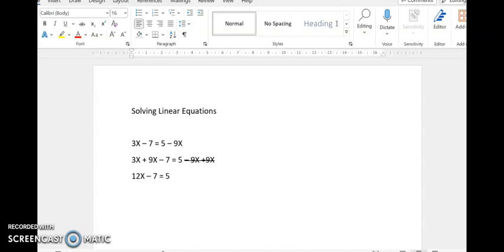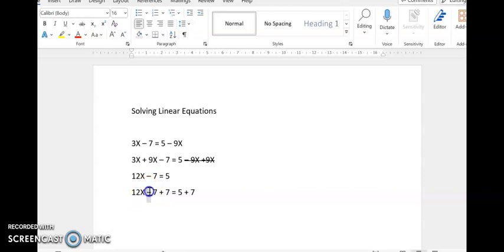So now we need to get that minus 7 over to the other side. So again, whatever we do to one side, we have to do to the other. So we've got 12x minus 7 plus 7 equals 5 plus 7.